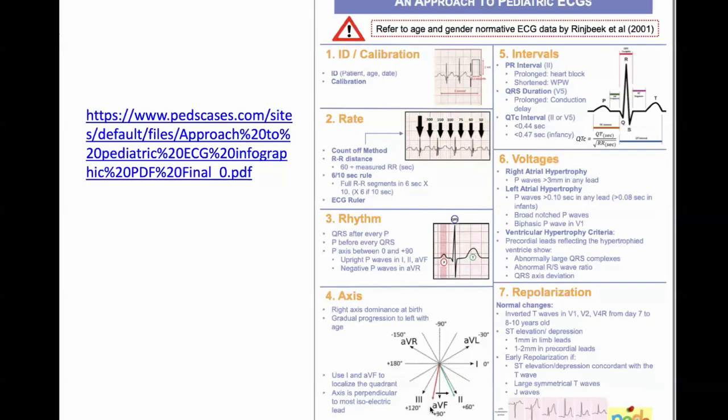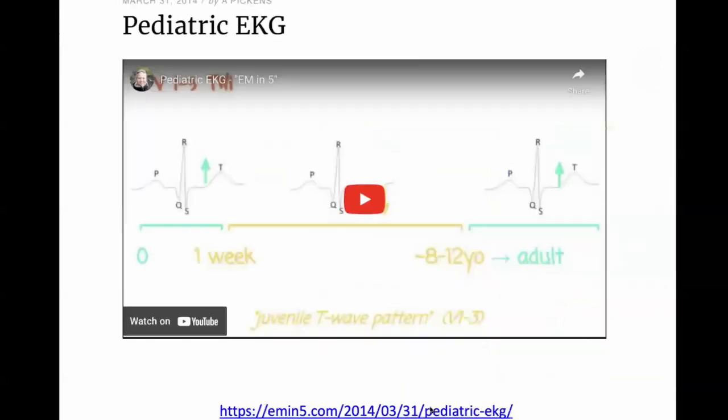I also found another little cheat sheet, and this was from the Peds Cases podcast. I think we should also maybe put this into the protocol book, Tammy. It's similar to the previous one, but it has a little bit more extra information. It is a very useful resource to have in your back pocket when you are interpreting ECGs.